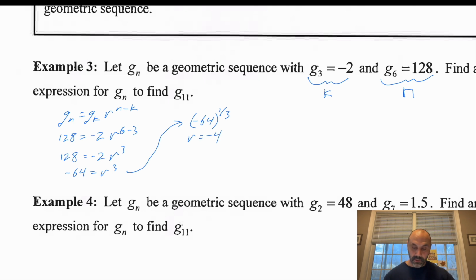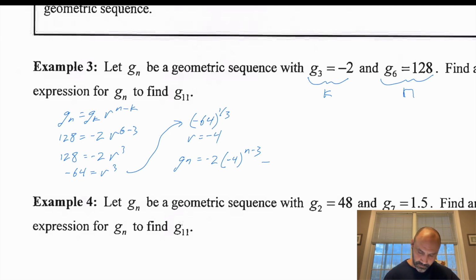Good. So now I can write a general form of the equation. So g of n equals negative 2 times negative 4 to the n minus 3 power. That's what my new equation looks like. And now I can do this to find g of 11.